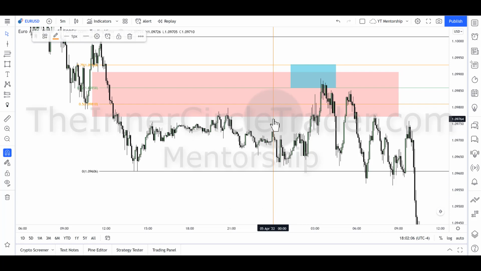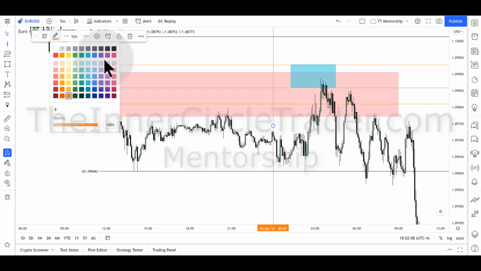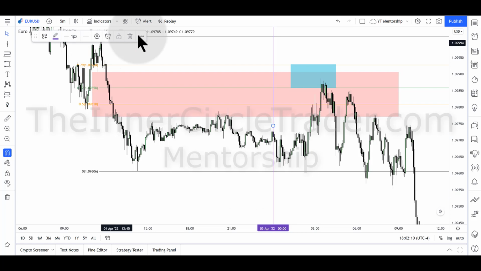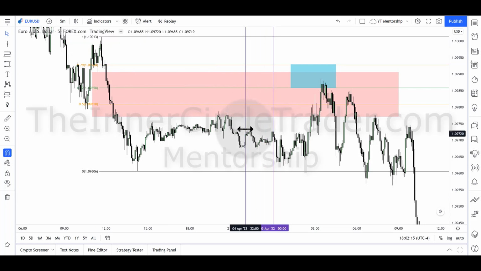We're going to delineate, make this a different color here, and then drop this back to 8 o'clock. Okay, so there is our Asian range.